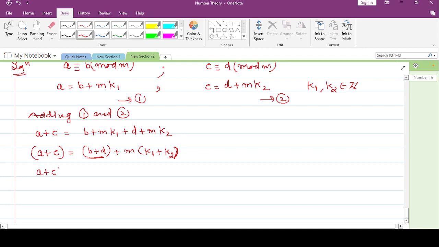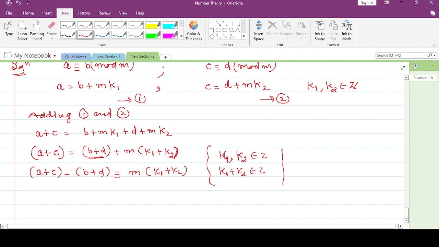So a plus c minus b plus d is equal to m times k1 plus k2. Now you see that as k1 and k2 are integers, their sum is also an integer.